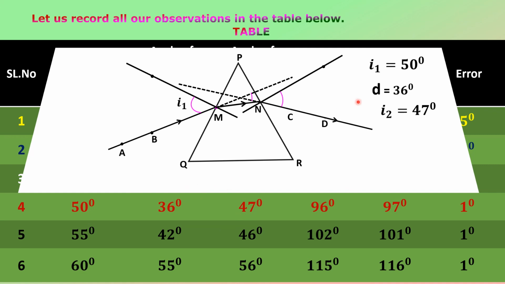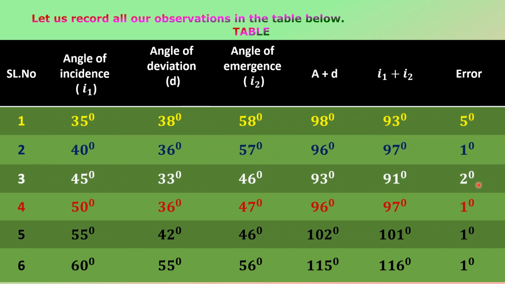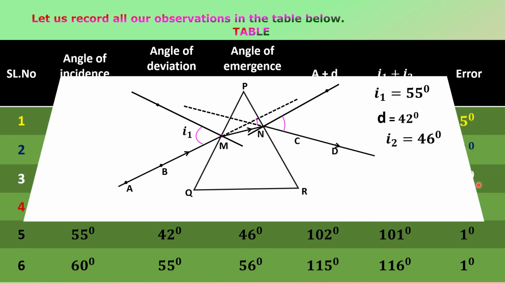So 60 plus 36, 96, and 50 plus 47, we get 97. The error is 1 degree. The fifth case, I1 equal to 55, D value is 42, I2 equal to 46. Error is 1 degree.